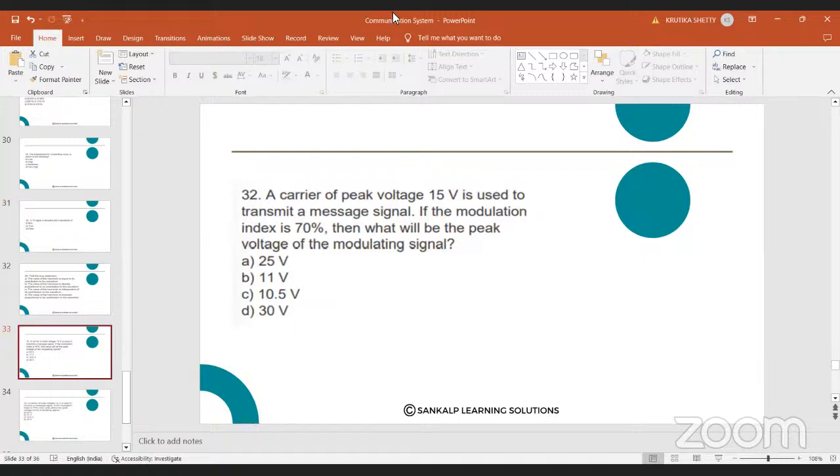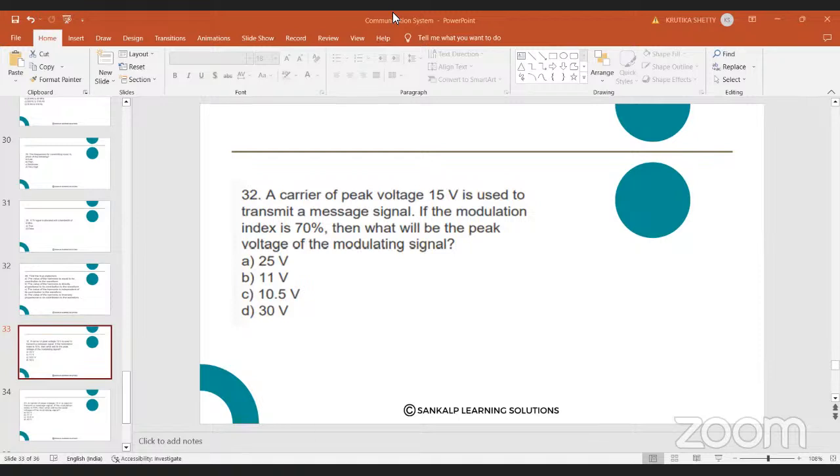Harshita is saying it is option C. Can you tell the formula, Harshita?